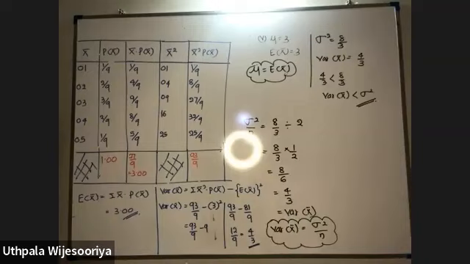And we can draw samples from various types of populations: normal populations, non-normal populations, populations where the variance is known, and sometimes where the variance is unknown, and then the size of the sample. So there are a lot of factors.